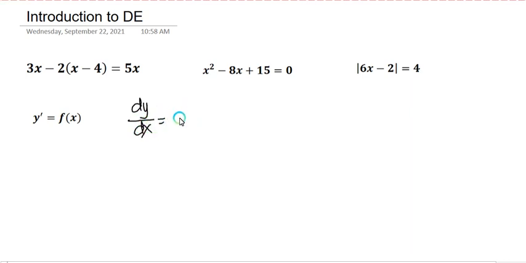For example, the function of x is represented by 2x. It says that the derivative of our function y is equal to 2x.